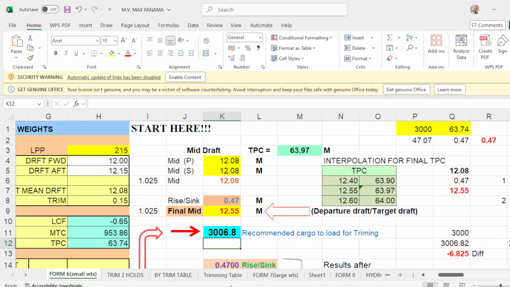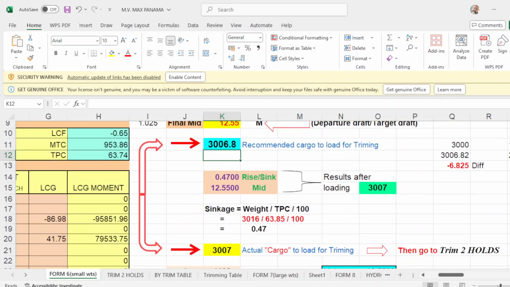Take note, I will consider this one. Just follow the arrow and input this figure. To round it up, I put 3,007.